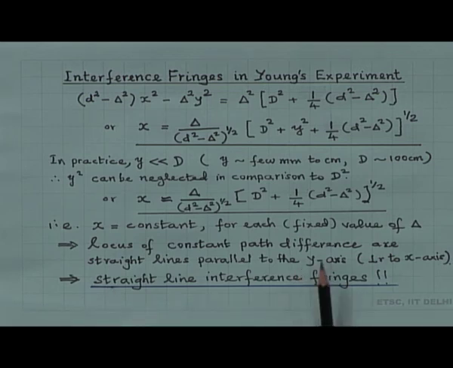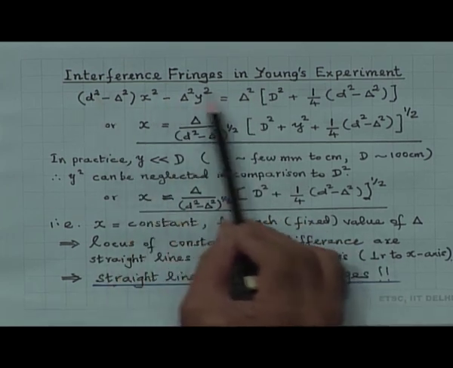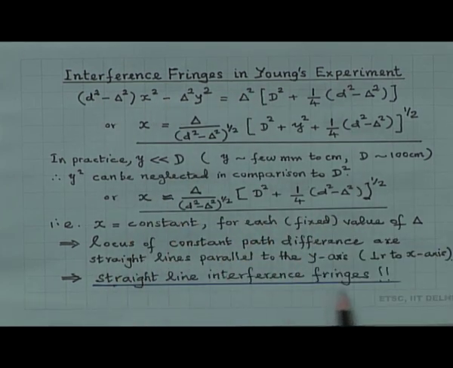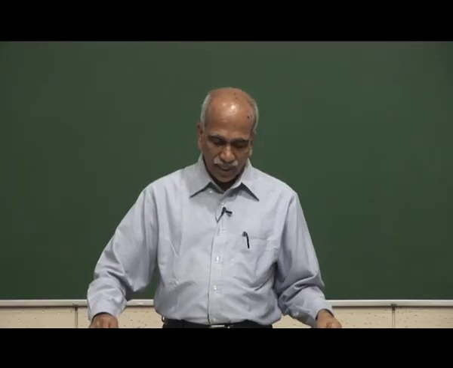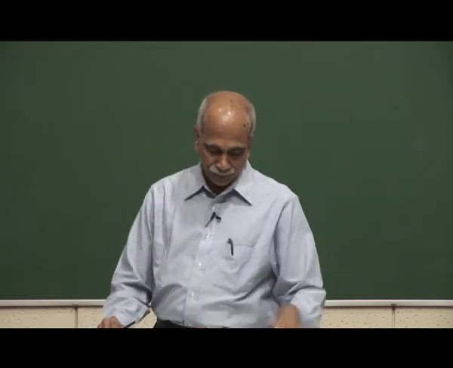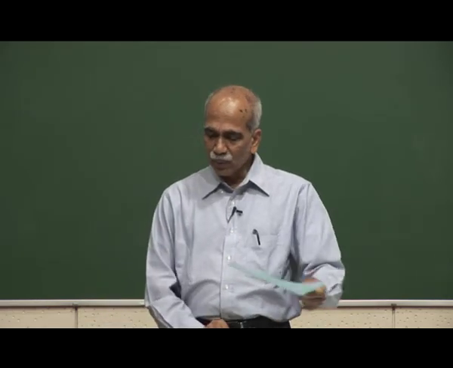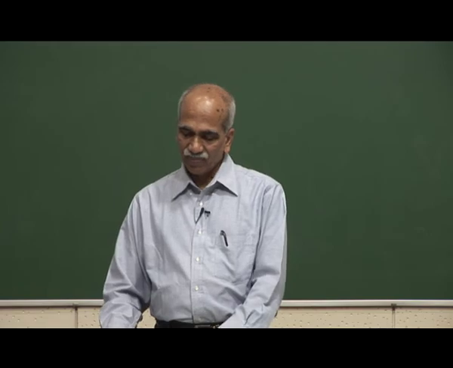interference fringes. So, the interference fringes in Young's experiment are straight line interference fringes. That is what I had shown earlier. The fringe system would look like this.